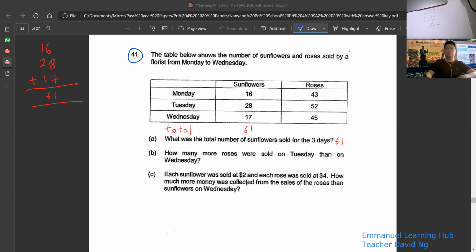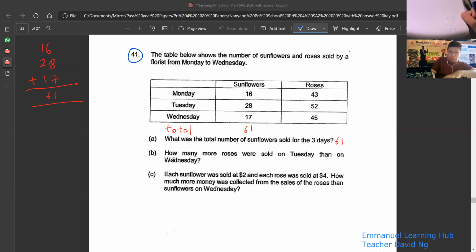Yes or no? 7. How do you get 7? 52 minus 45. Yes.